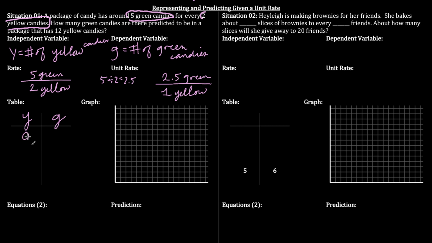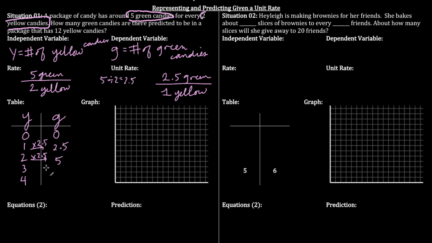So if there are 0 yellow candies, of course there'd be 0 green. And let's just count like this. So 1 yellow, okay, 2.5 green for every 1 yellow. So 1 yellow, we will multiply by 2.5, and we will get 2.5 green. 2 yellow times 2.5 would give us 5 green, which is true.